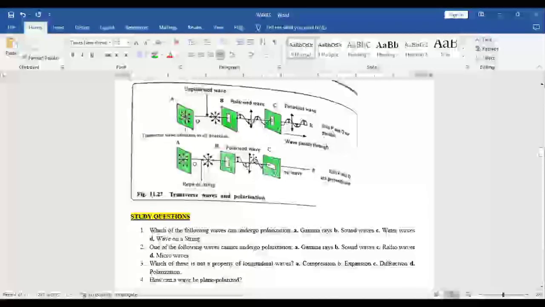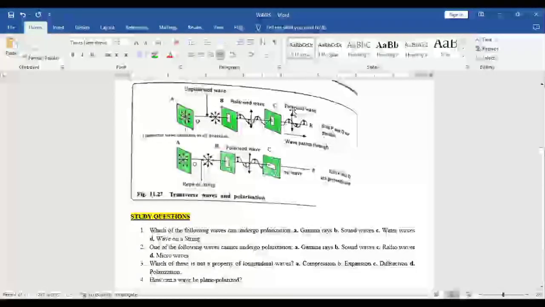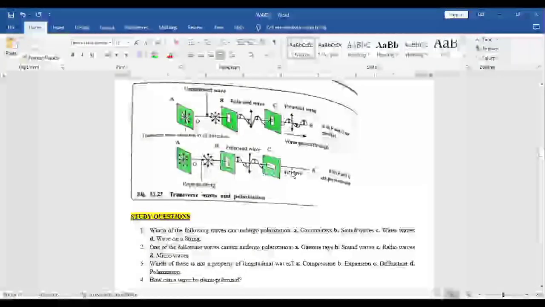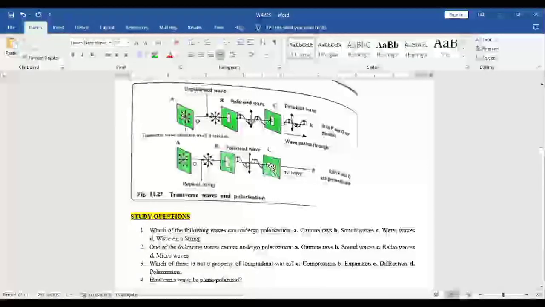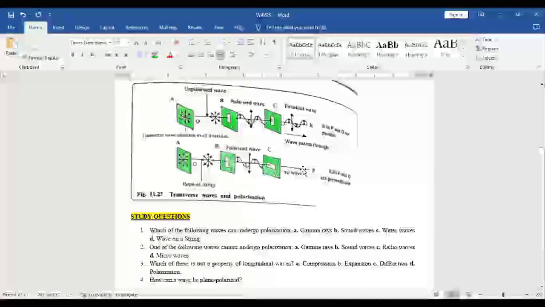See the same thing here. Now, it passed through the next polaroid Q. You can see that the light is still in that direction, but this one was being rotated. At this point, the light could not pass through to the other side.